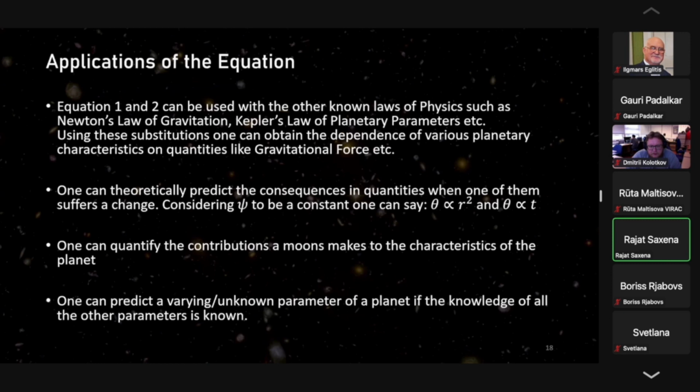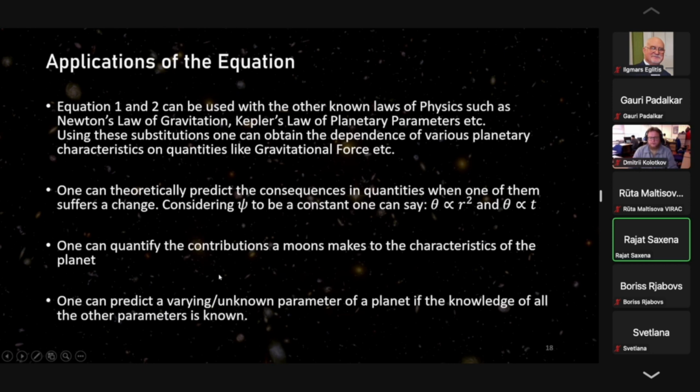The other application is, as I had mentioned in the importance, we can draw relations between quantities if we assume that psi is a constant for the planet. So basically, we can say that theta is proportional to r square and theta is proportional to t. All such conclusions can be drawn using this equation.